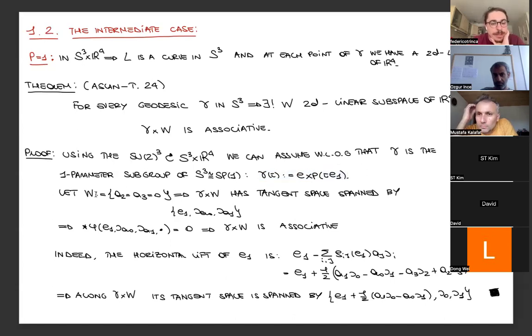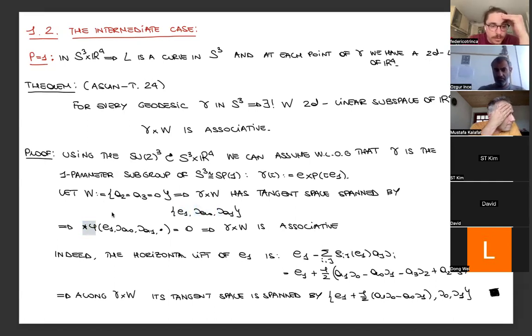And we pick the plane to be just the third and fourth components of R4 being 0. And so the tangent space of such a manifold is spanned by E1, of course, and ∂A0, ∂A1. Now what we need to check is that star phi of E1, ∂A0, ∂A1 is equal to 0, and this would imply that gamma times W is associative.